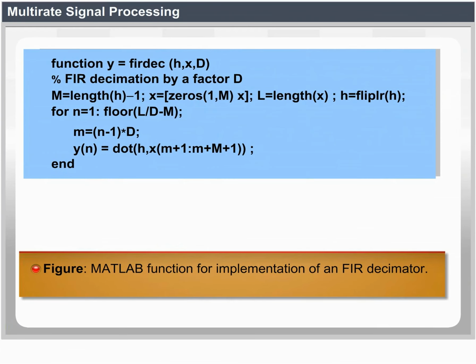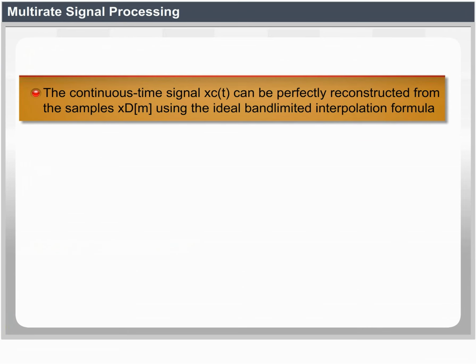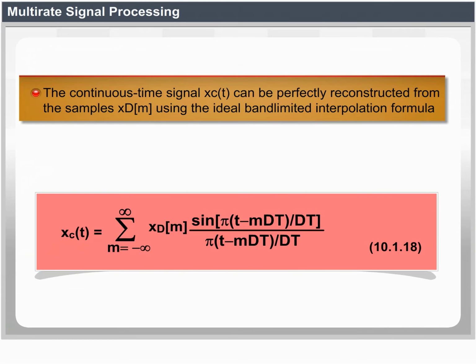The continuous time signal x_c(t) can be perfectly reconstructed from the samples x_d(m) using the ideal band limited interpolation formula: x_c(t) equal to the summation m equal to minus infinity to plus infinity of x_d(m) times sin(π(t minus mdT)/dT) divided by π(t minus mdT)/dT, called equation number 10.1.18.